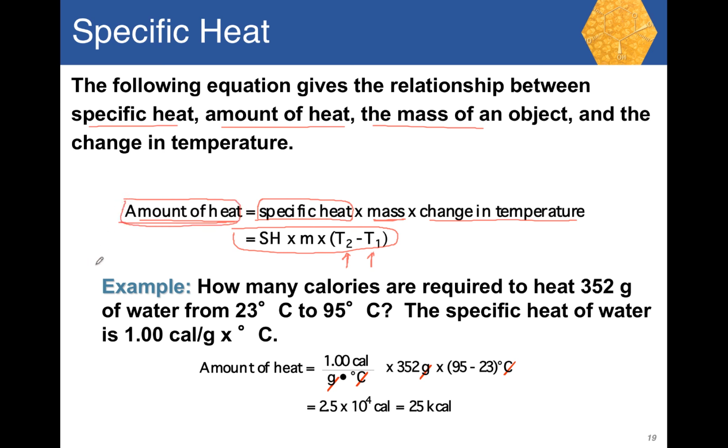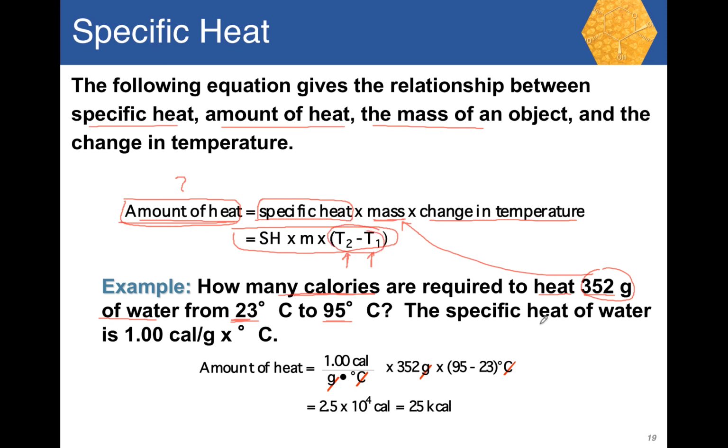Here's an example. How many calories are required to heat 352 grams of water from 23 to 95? So that's heat, so it looks like we're going to calculate heat. The 352 grams is the mass, and the 23 to 95 represents the change in temperature.